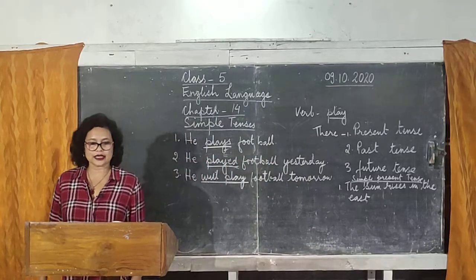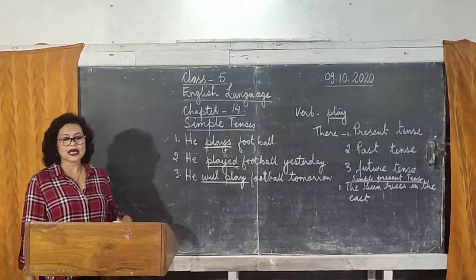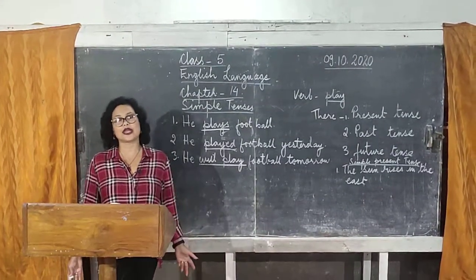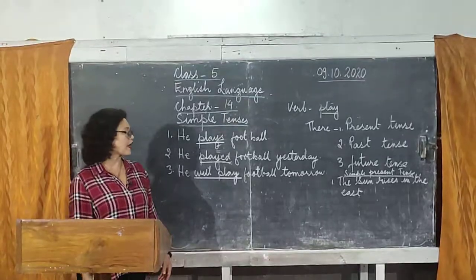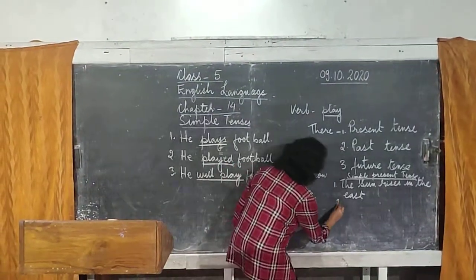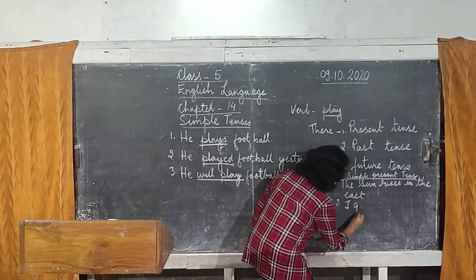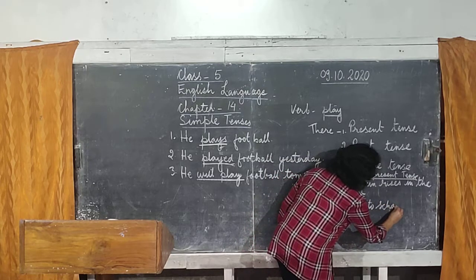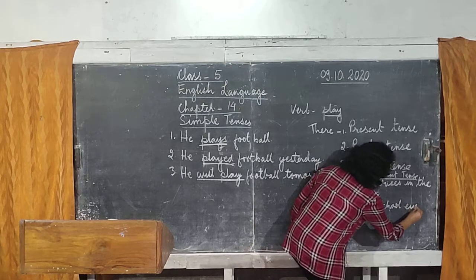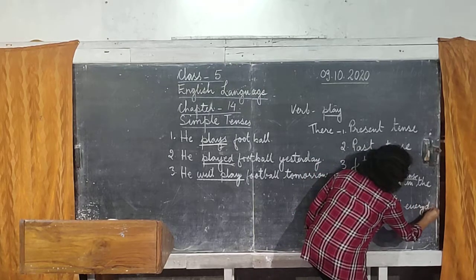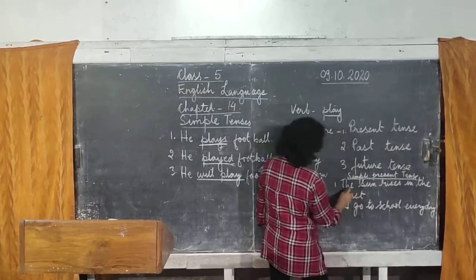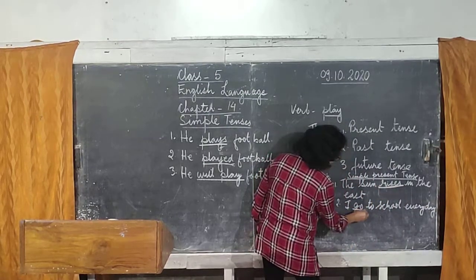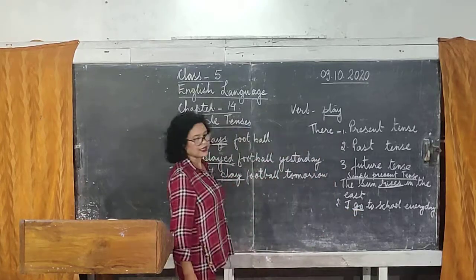The second point is to express a habitual action or custom. Like I go to school every day, I go for a walk every day. Number 2, I go to school every day. Number 2 point. Okay? The sun rises is the present tense. I go to school every day.